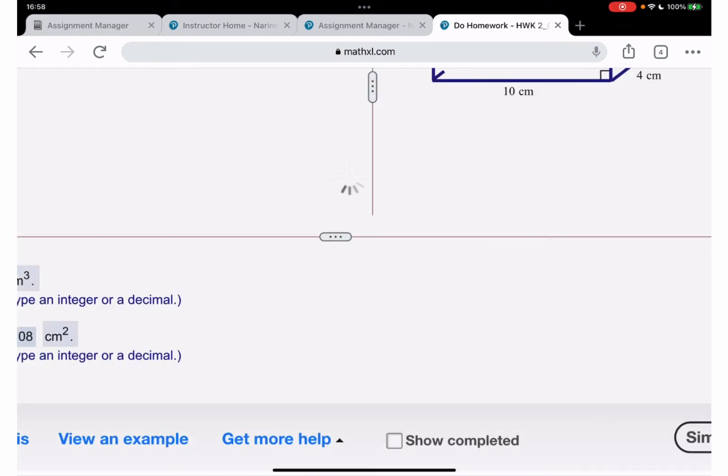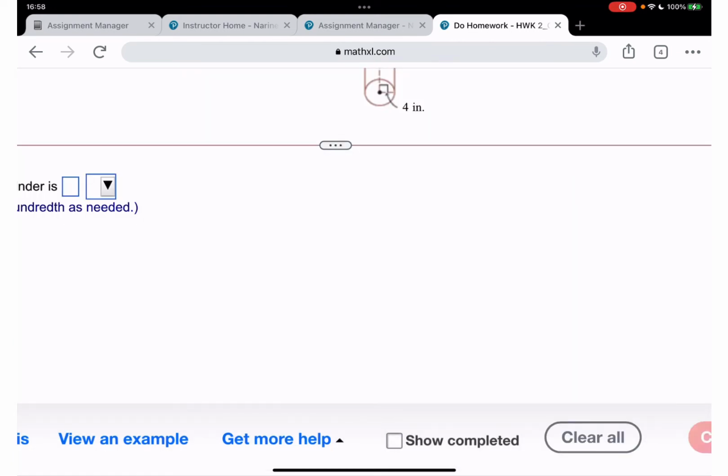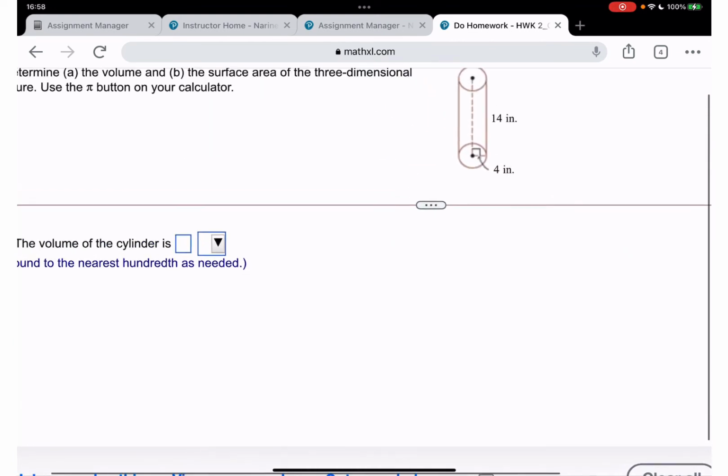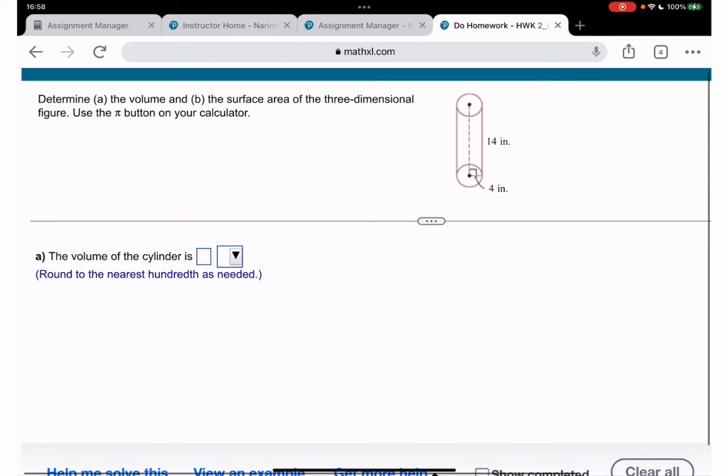Good job. Question number 5. We have a cylinder. Okay, volume is equal always for any object or any geometrical figure, to be precise, you take the area of the bottom and multiply by height. Since what do we have? 4-inch and 14-inch.